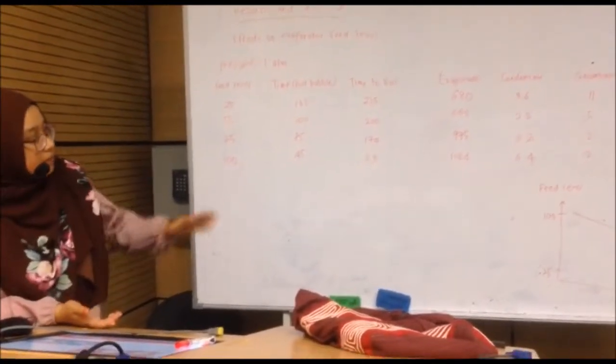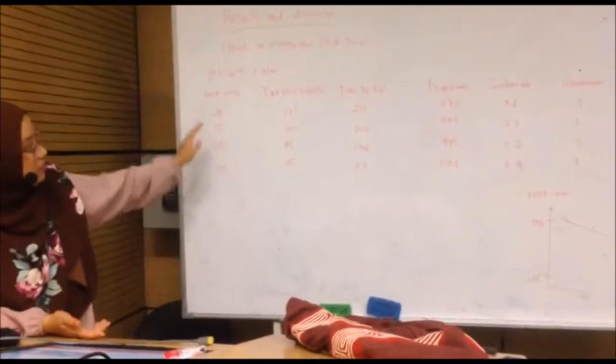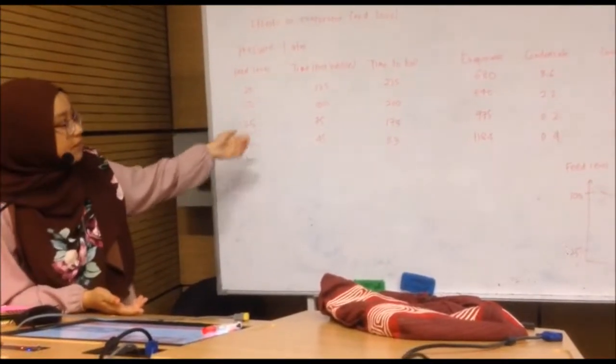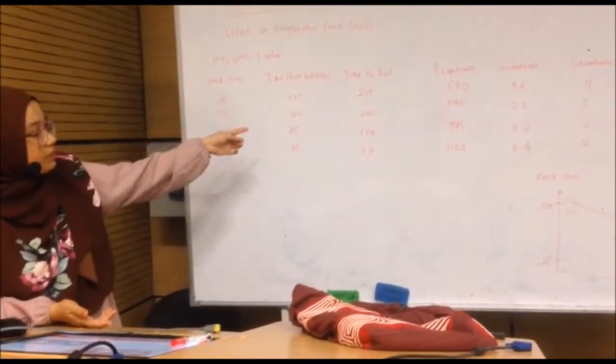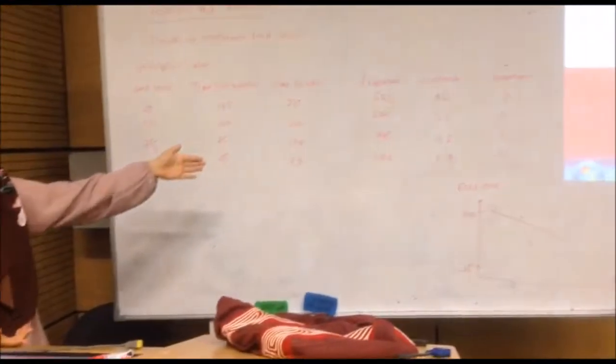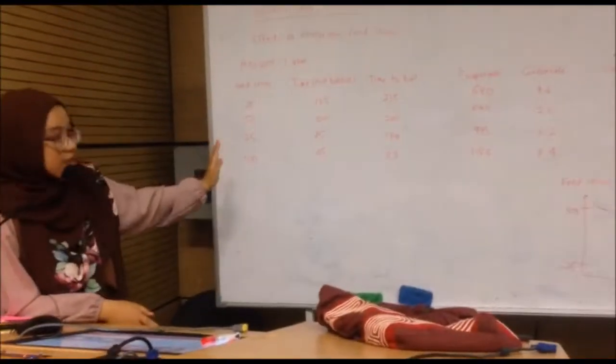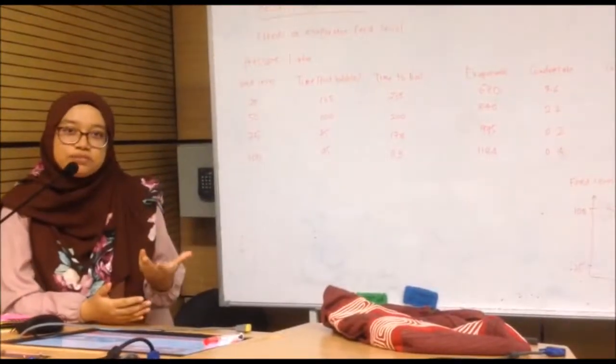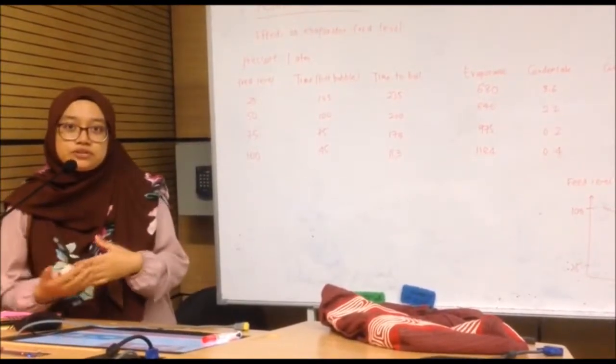From this table we can see that when we increase the feed level from 25 to 100 centimeter, the time for the first bubble will decrease, and also the time to boil will decrease. This is because when we increase the feed level, it means that we increase the height of the column. So when the height of the column increases, the area also increases.